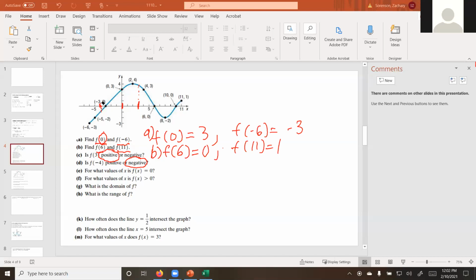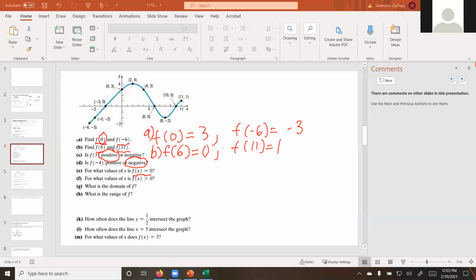Cool. Now, question E is asking where my graph is equal to 0. Notice that's very close to what A and B are asking. It's just flipped, the inverse of that question. To figure out when f of x is equal to 0, I find all the x values where y is 0.